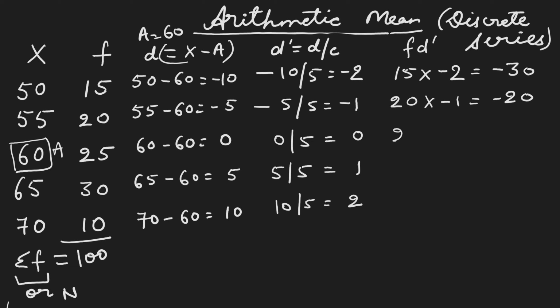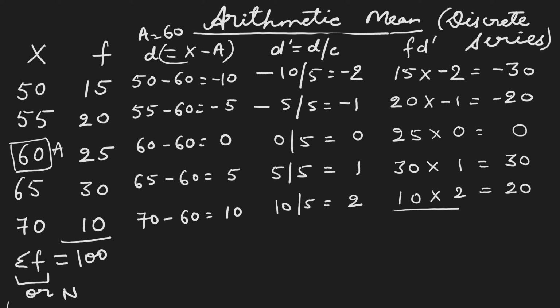Then 25 multiplied by 0 is equal to 0, because whenever we multiply any number by 0, we get 0. Then 30 multiplied by 1 is equal to 30. And 10 multiplied by 2 is equal to 20. Now when we add all these values, we get 0. So summation f d dash is equal to 0.